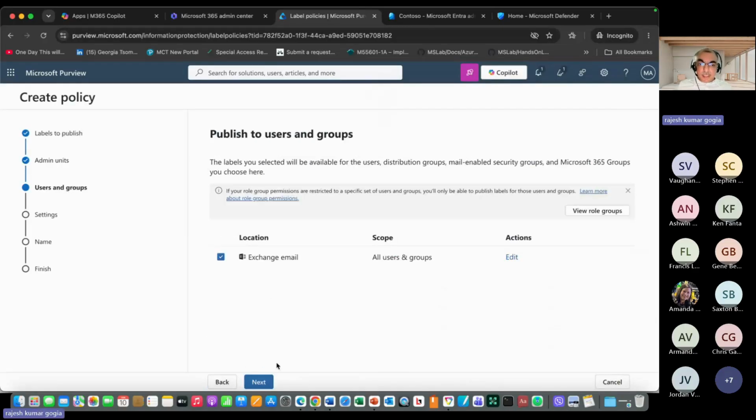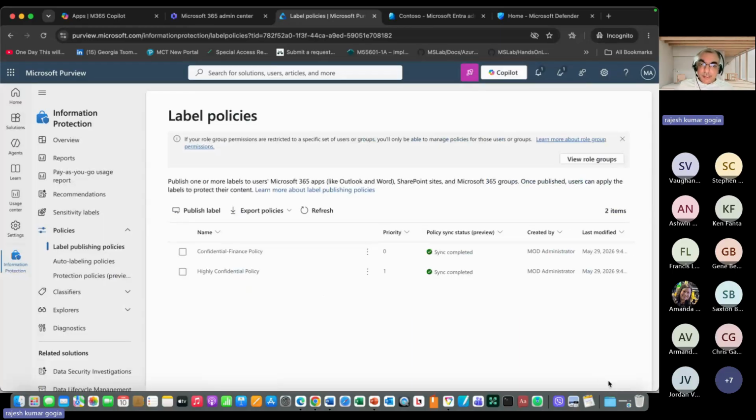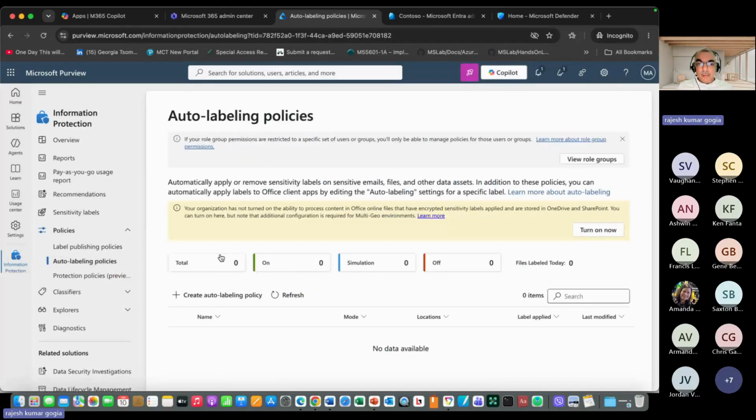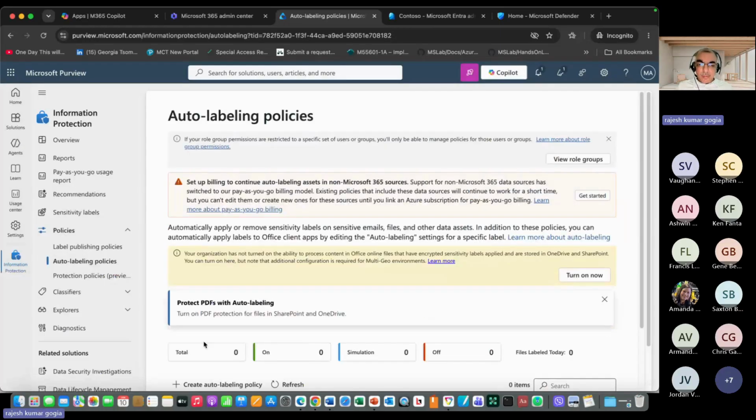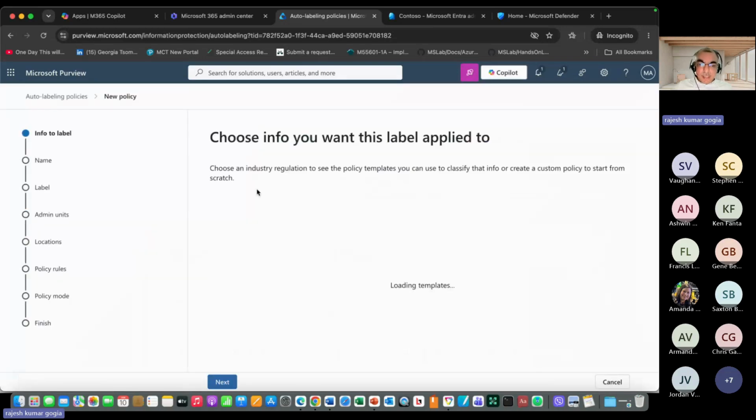And then you can specify the scope and to whom you want to publish, so that it can be applied. So people have the privilege so that they can apply the labels by themselves. Or you also have the flexibility where you can auto publish. This is something very useful, where you can auto publish the labels so that it can identify.